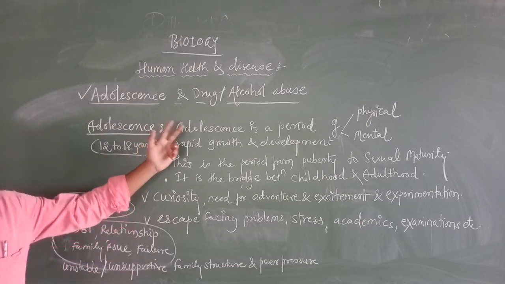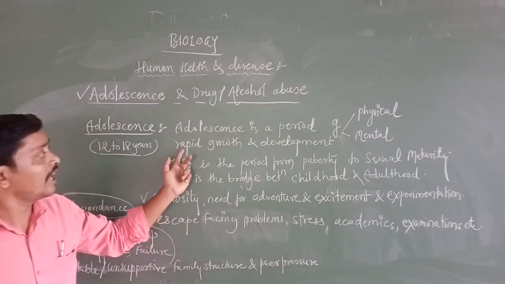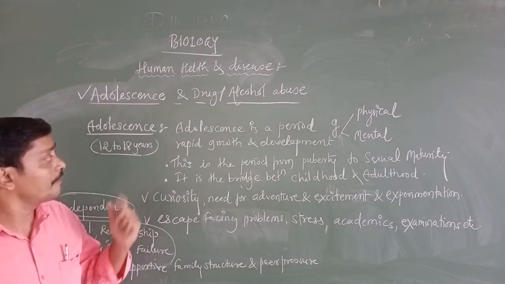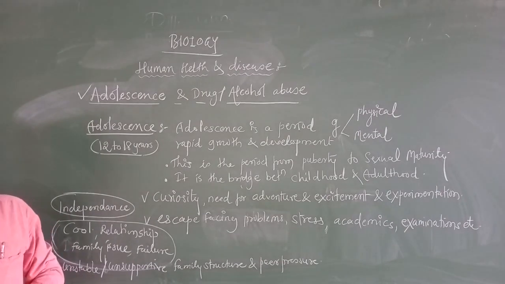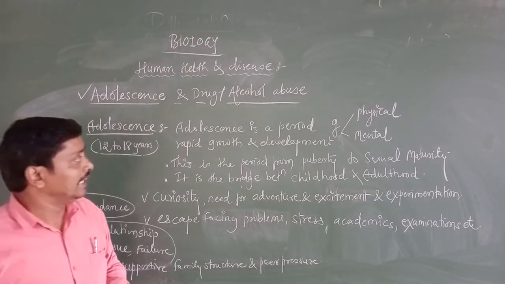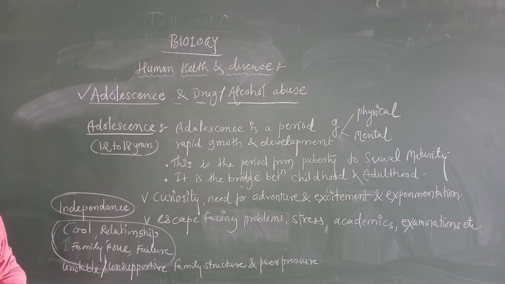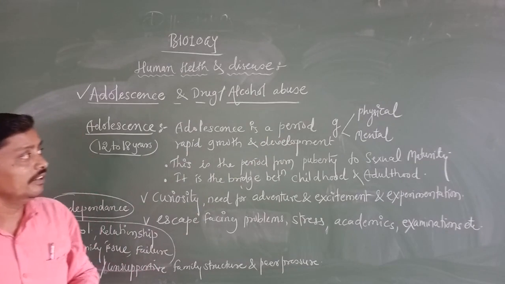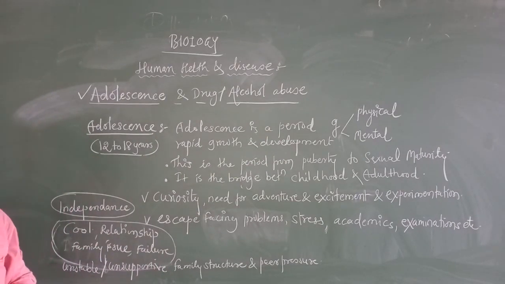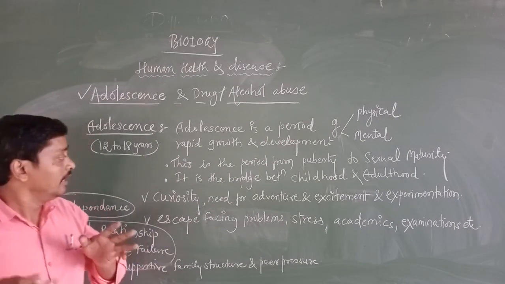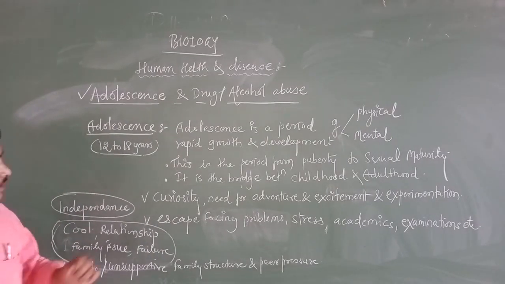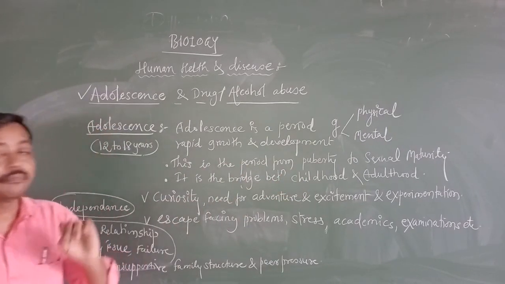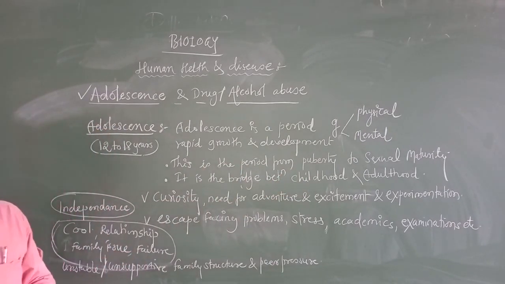Adolescence is a period of rapid growth and development in humans, regarding physical and mental aspects. And the next point I have written on the board: this is the period from puberty to sexual maturity.